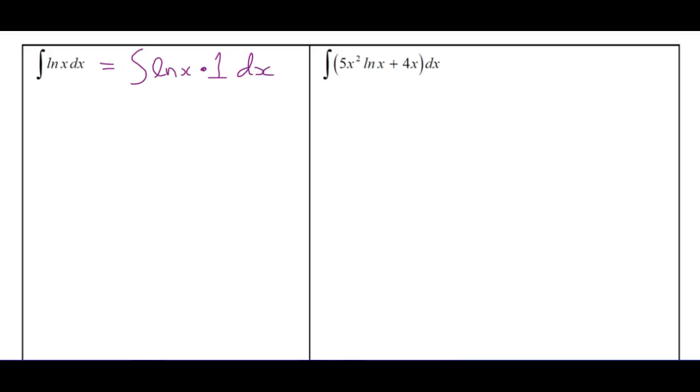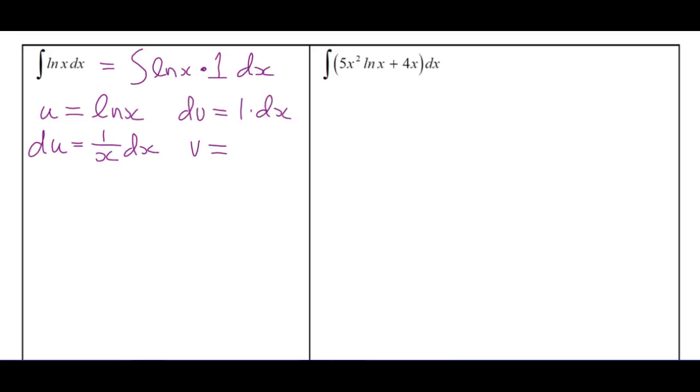We're going to say, well, what's u going to be? Yeah, u is going to be ln x, right? In other words, otherwise we end up with a 0, and that's just not really going to work out, right? So u is ln x. What's the derivative of ln x? 1 over x dx. That's du. Which means that dv was 1 times dx.